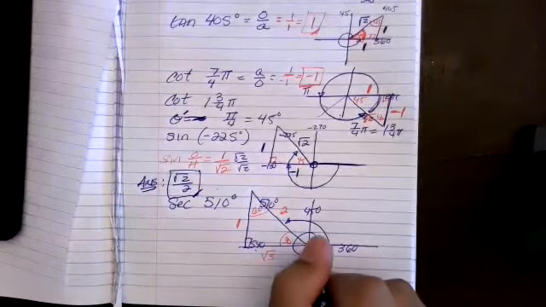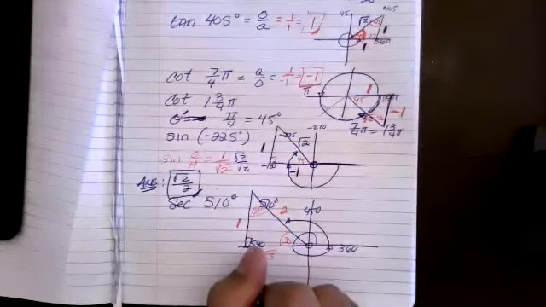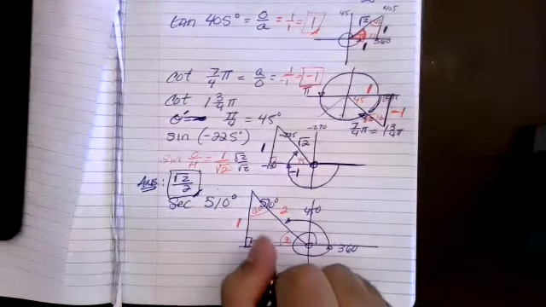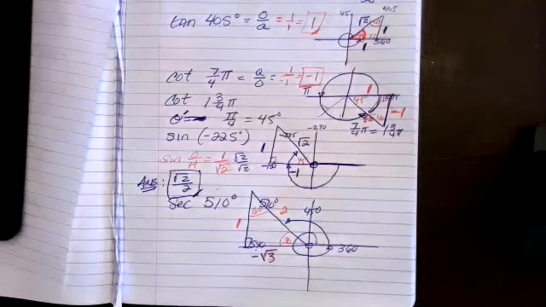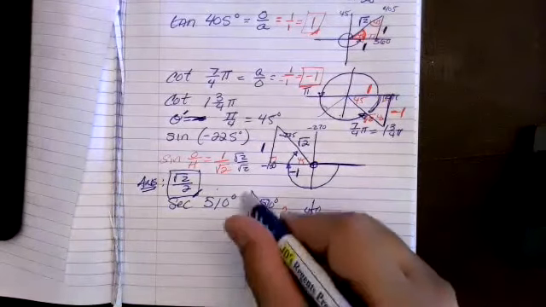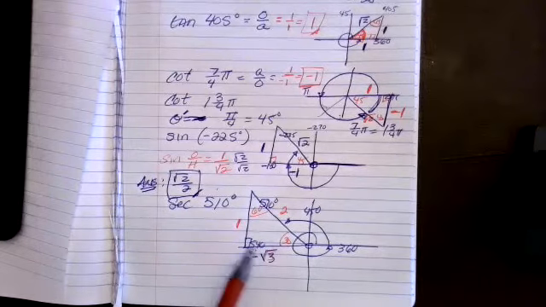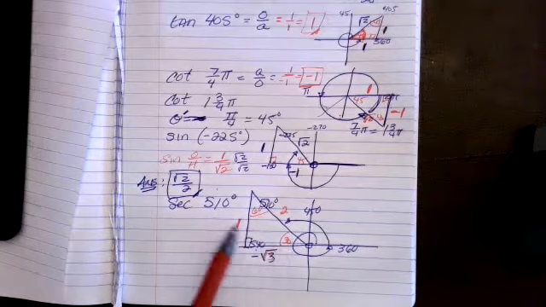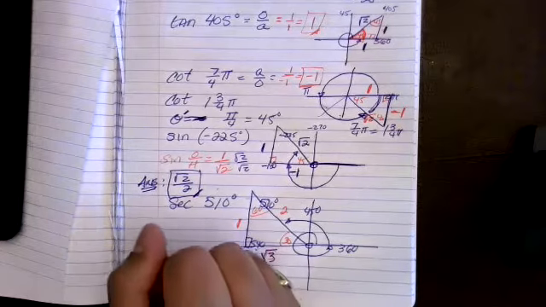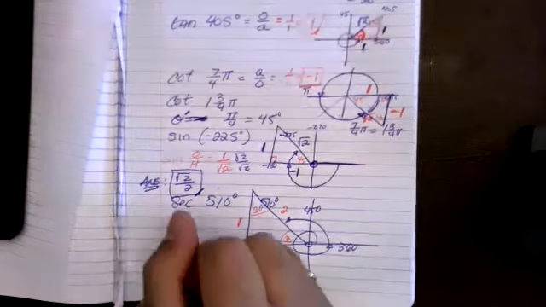In this case, since I'm to the left of 0 here, this is a negative radical 3. This is positive on my y, so that's positive. So my 1, 2, rad 3, my smallest angle is always across from my smallest side. My largest angle is across from my largest side. Secant is the reciprocal of cosine.